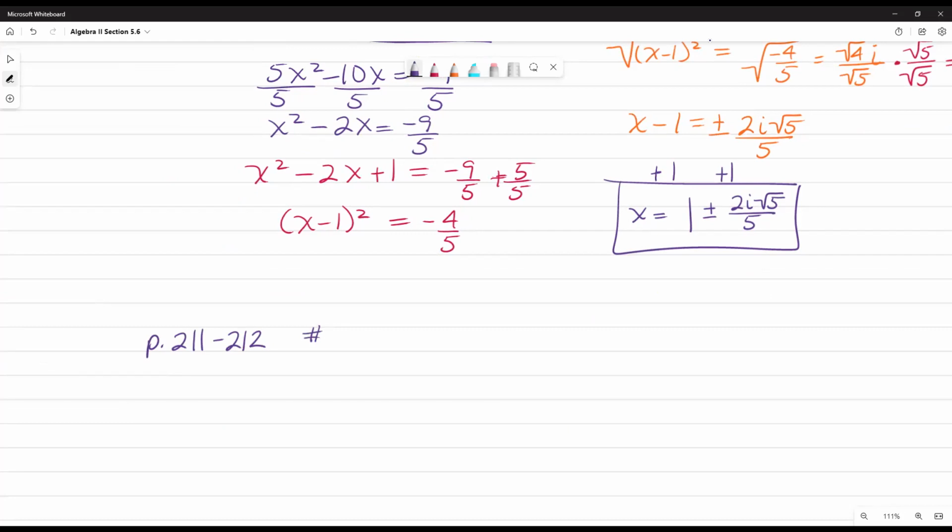Number 1 through 8, 13 through 21, 29, 33, and 41.